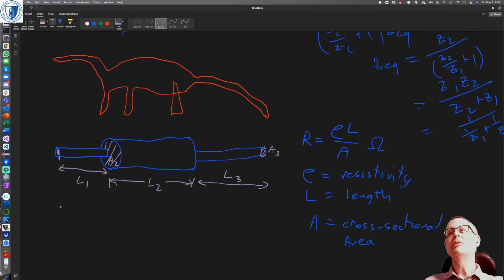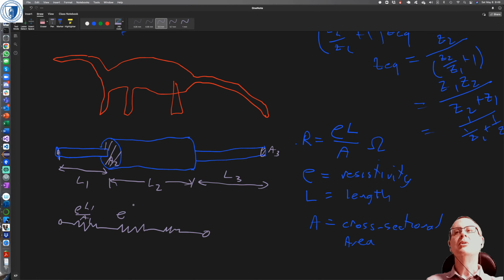Right, so our equivalent circuit for the Apatosaurus would be 3 series resistors, and the numbers, assuming the Apatosaurus is made out of the same thing over his whole length, would be rho L1 on A1, rho L2 on A2, rho L3 on A3.